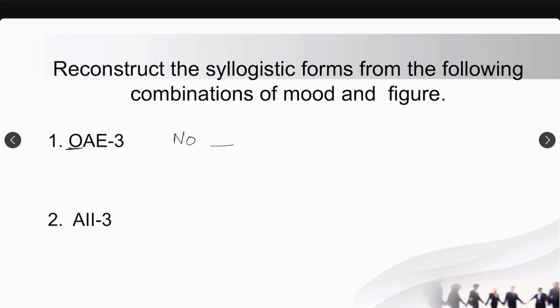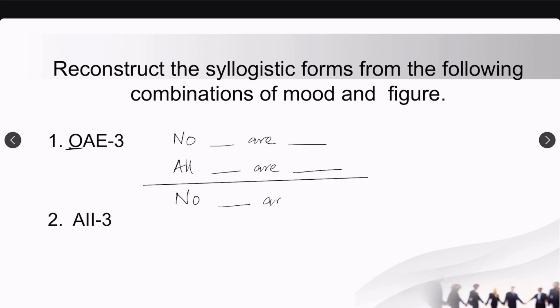So no, and then the subject are, and then predicate, and similarly in all, and then the subject are predicate, and then your conclusion would be no again, no dash are dash.